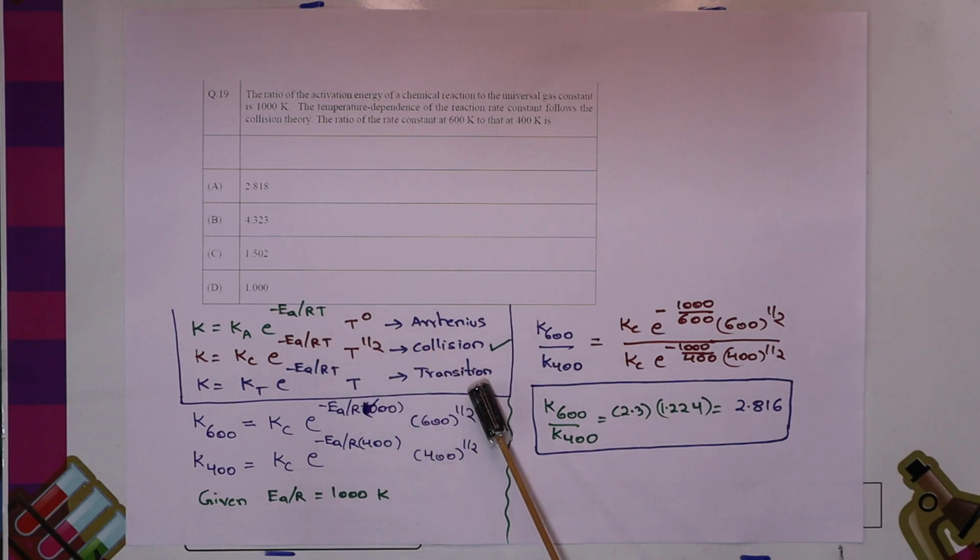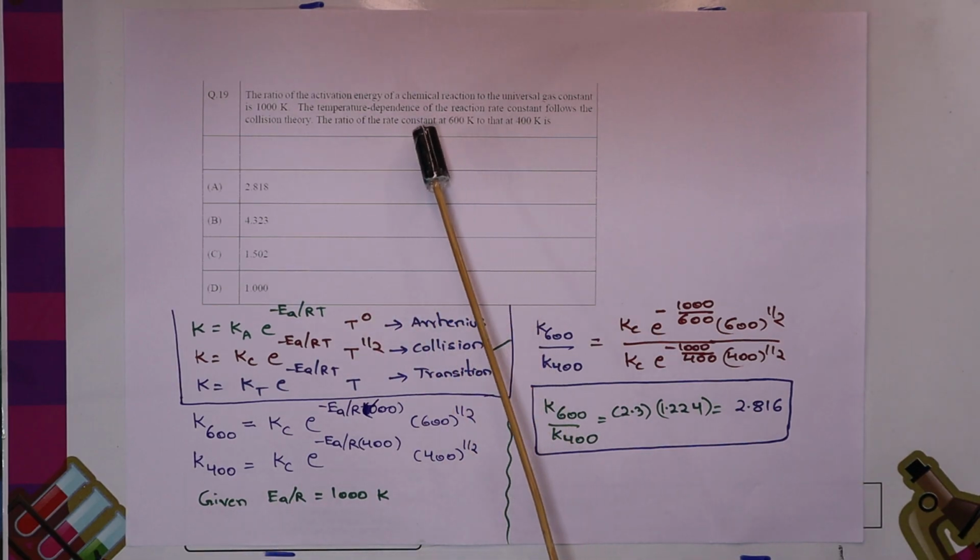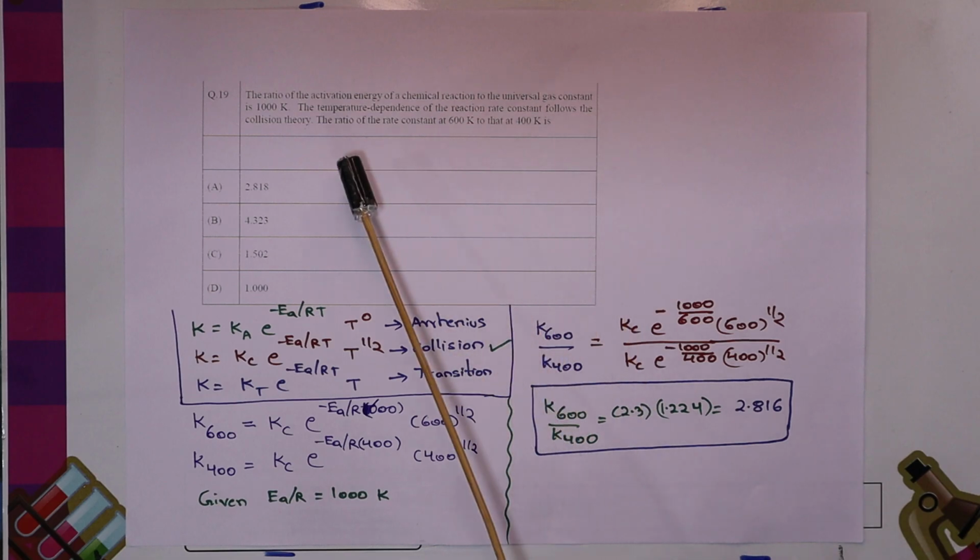According to transition state theory, it is the pre-exponential constant of the transition state theory into e power minus Ea by RT into T. Arrhenius is T power 0, collision is T power half, transition is T power 1. So here we are supposed to use the collision theory.